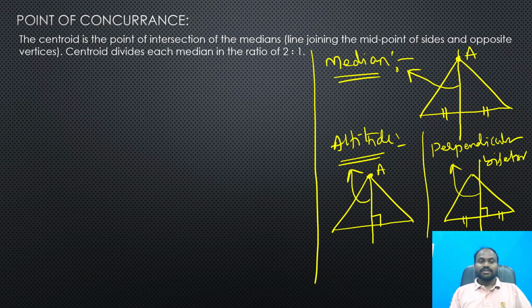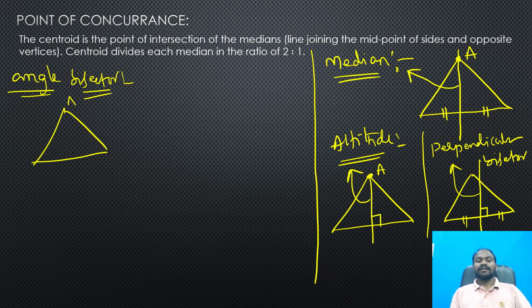Next we have the angle bisector. Angle bisector means which divides the respective angle into two equal parts. If it divides the angle into two equal parts, this is an angle bisector.